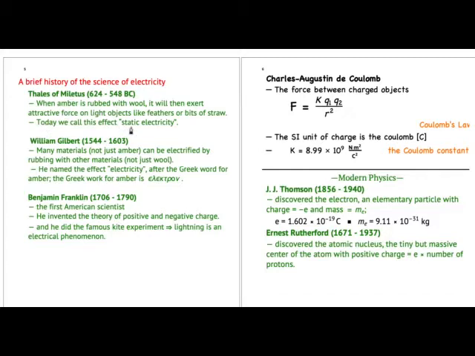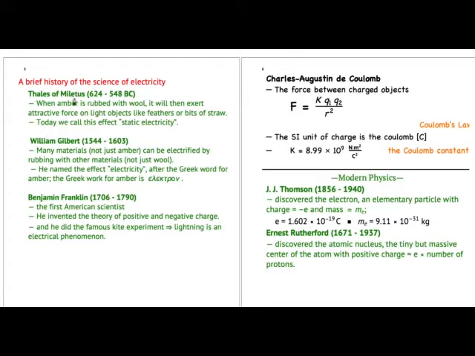Today we call this effect static electricity. So Thales knew electricity as an attractive force, but a very weak force. So it could only be observed for its action on objects like feathers or little bits of straw.